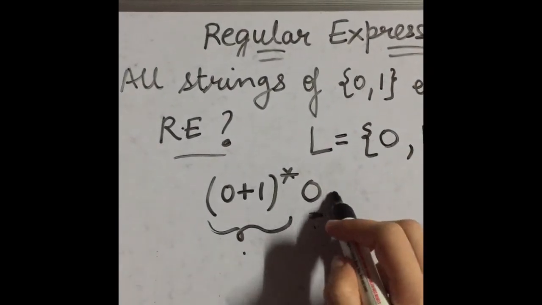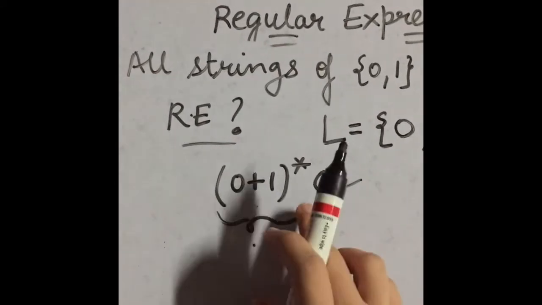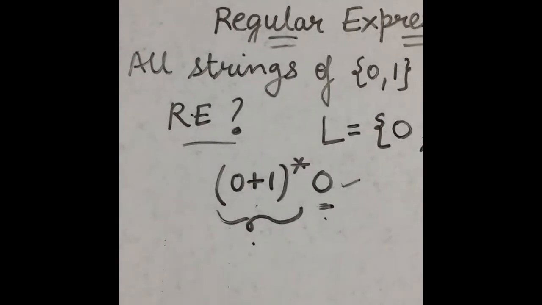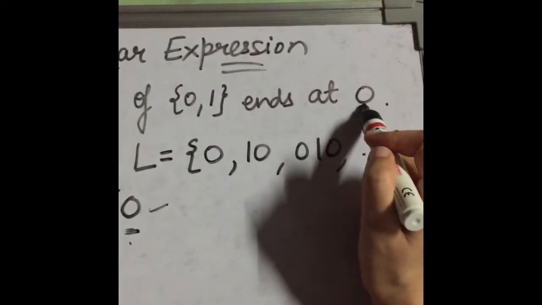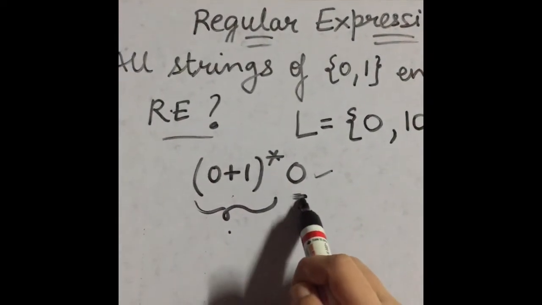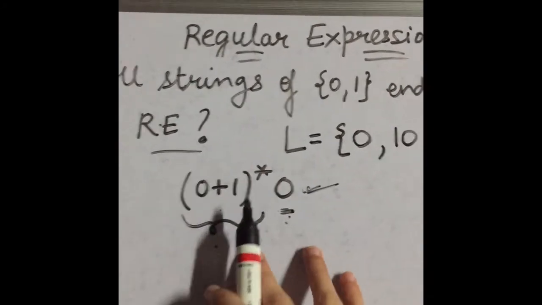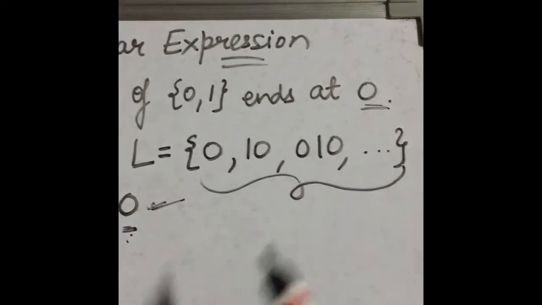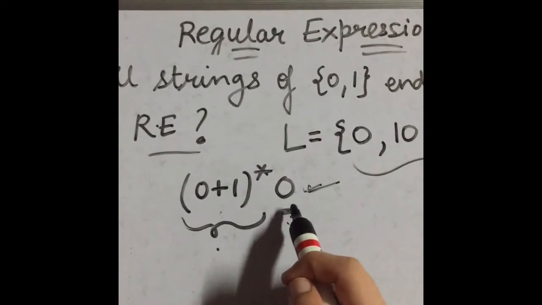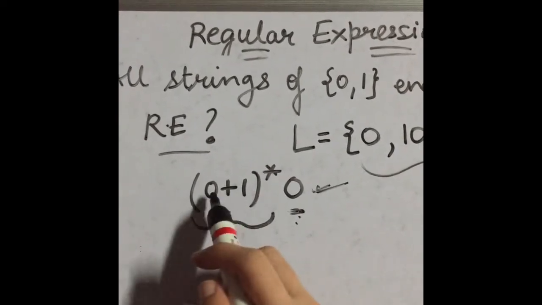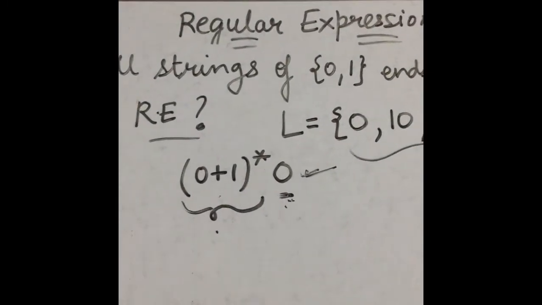At the end there is a 0, and before that 0 there can be anything, either null or 0 or 1 or 0 0 or 1 1, no problem. So this is the regular expression of all strings which end at 0. This is short and sweet. It ends at 0, and the start can be 0 and 1 or null, anything, but ending at 0.